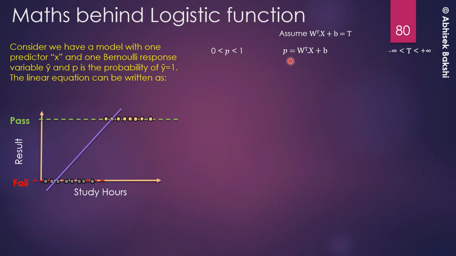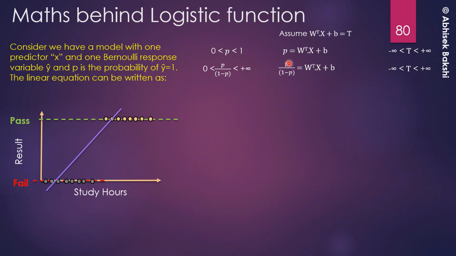I cannot use this. Instead, we can go for a modified version of this one, that is what we call odds of p. Now it's not possible to explain odds of p directly. You can check on the internet what exactly odds means. For the time being, understand that odds of p means p by 1 minus p.